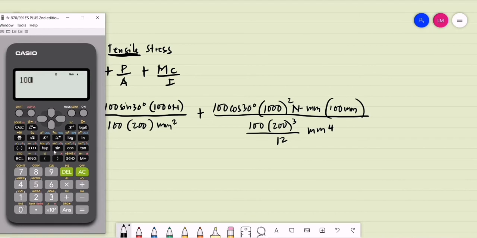this is 100 sine of 30 degrees multiplied by 1,000 to be in newtons, divided by the area of the beam, 100 by 200. Then this is plus.